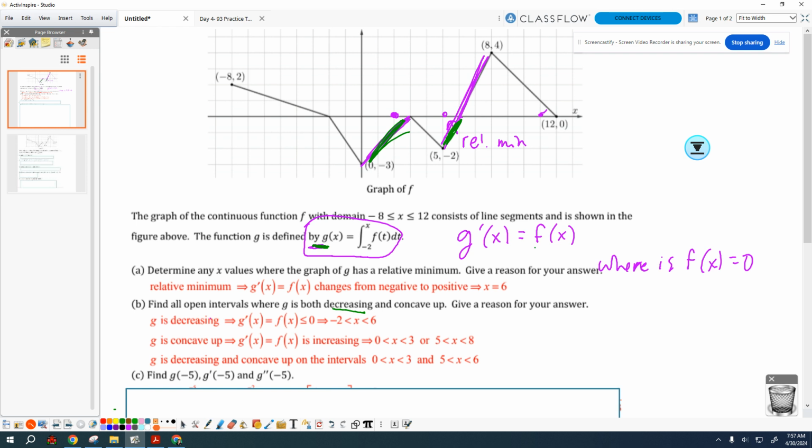F is g's slope. So where is f negative? Yeah, but if you're not given the point, how would you find that it was exactly at -2?